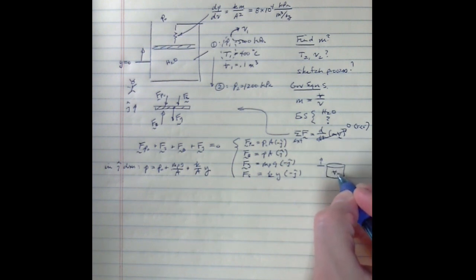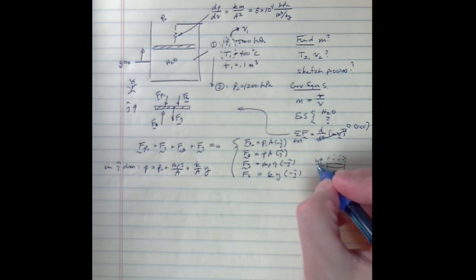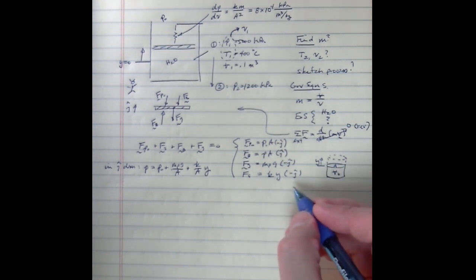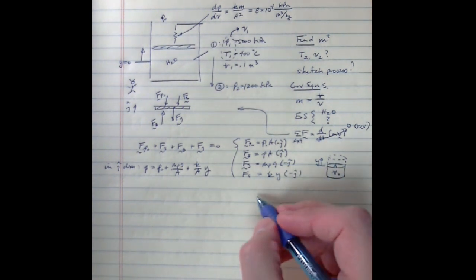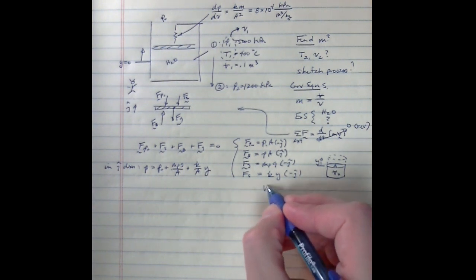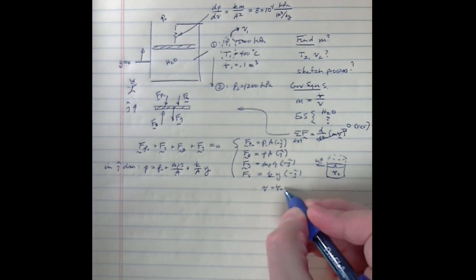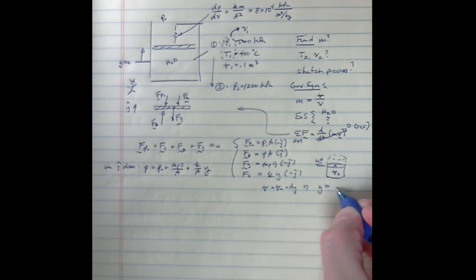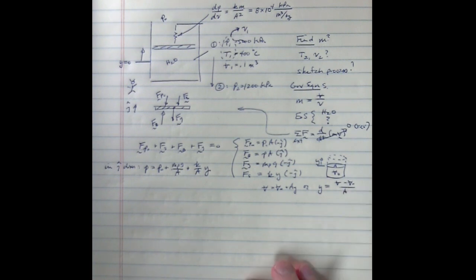So we might call this V naught here. And then we're going to add on to that some amount of volume, y times A, to give us our total volume. In other words, our geometry equation here is such that the volume would be equal to this initial volume plus AY, or y is going to be equal to V minus V naught over A.